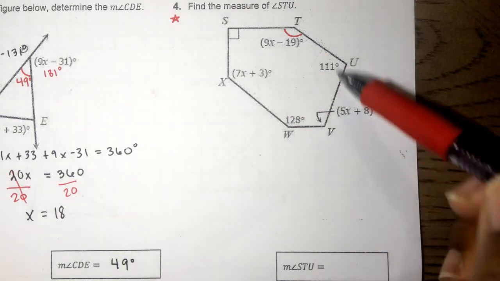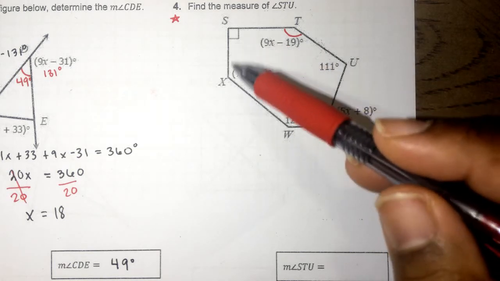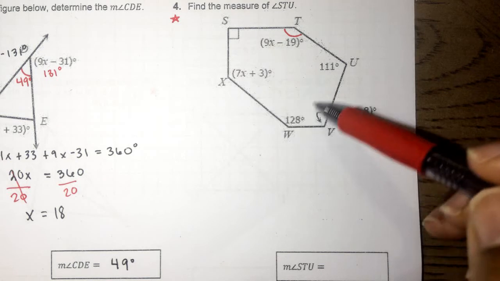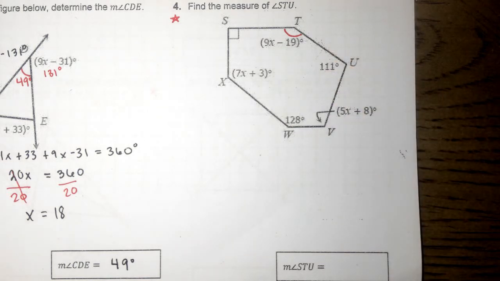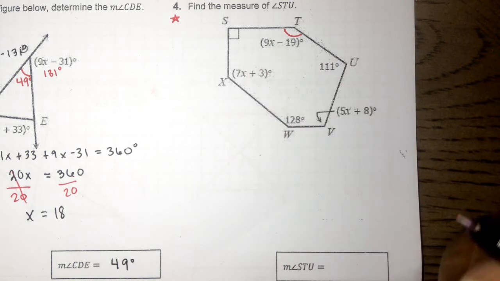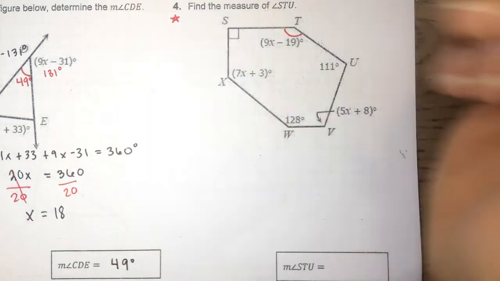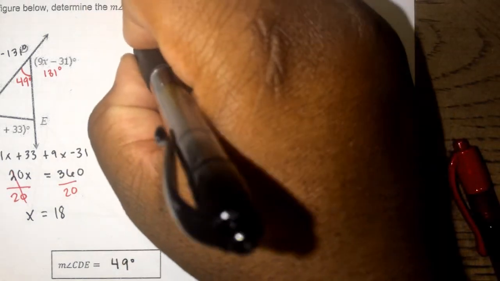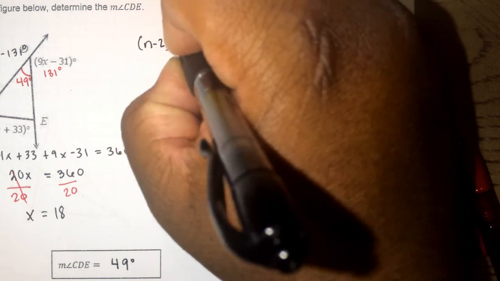first we need to determine what kind of figure this is. These are all interior angles, so we need to find the sum of this polygon here first before we can write an equation. We can't write an equation without knowing what this polygon adds up to. So to find the sum, you need to use that formula that you learned at the beginning of this unit, which is n minus 2 times 180.